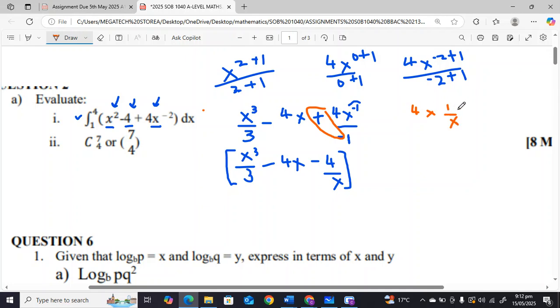So 4 times 1, 4. X times 1, x. Is that okay, madam?